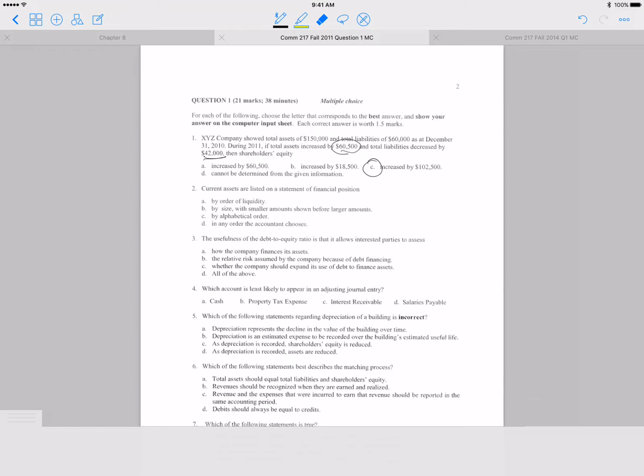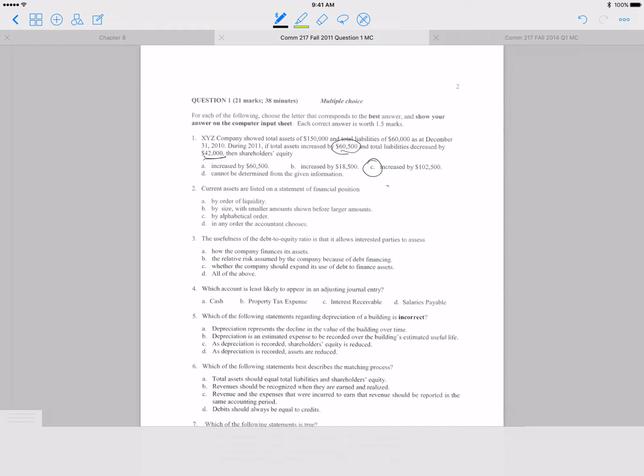So for 2, current assets are listed on a statement of financial position by order of liquidity, by size, with smaller amounts shown before larger amounts, by alphabetical order, or D, in any order the accountant chooses. Well, this question is not that intuitive. It's pretty much a straightforward definition, and in the accounting policy, it says that current assets should be listed in order of liquidity.